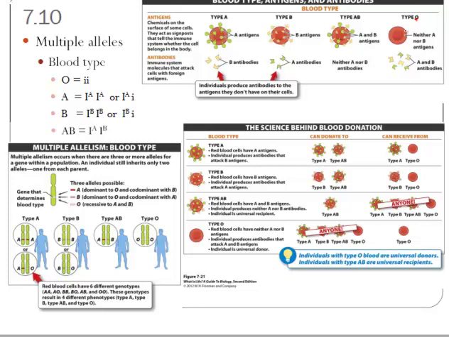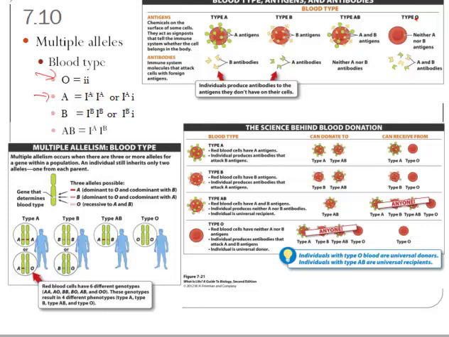To represent these, we have to use a similar method to what we did with our incomplete dominance and use superscripts. So type O is recessive, so it can have little letter i. Type A, you use I as the base letter and put the blood type as the superscript.